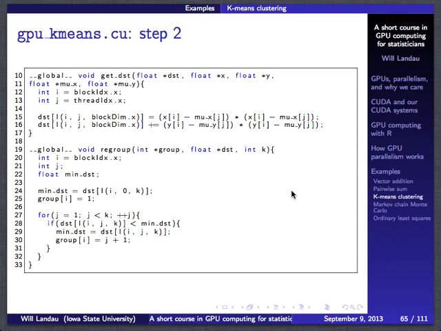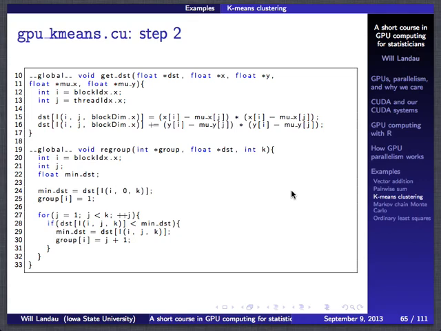And I'm going to say that distance ij, here's my indexing macro here. So I'm using distance like it's a 2D array. So element ij, the ith point in the jth cluster, is just going to be the Euclidean distance. So that's what I'm doing here. I'm going to take the squared distance in the x direction from its mean, add on the squared distance in the y direction from its mean. And that's all I'm doing here. So this kernel computes all the distances.